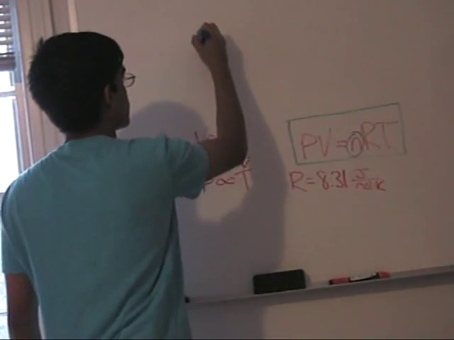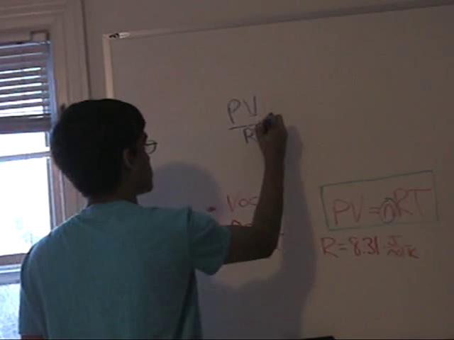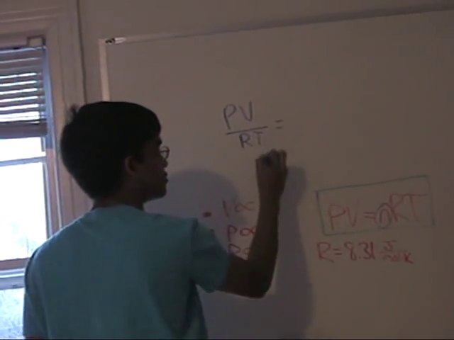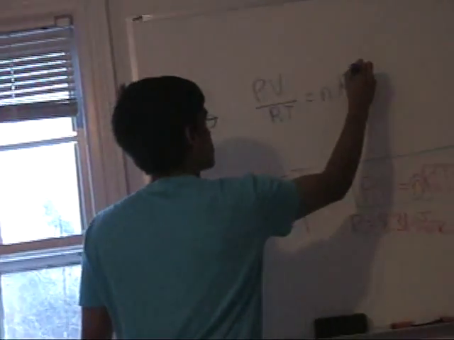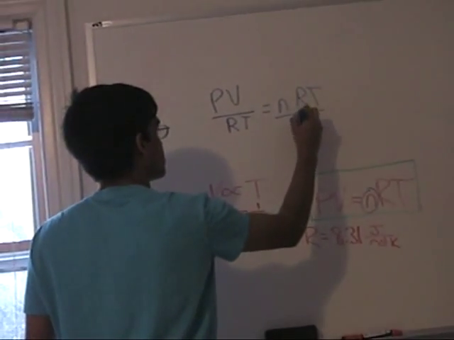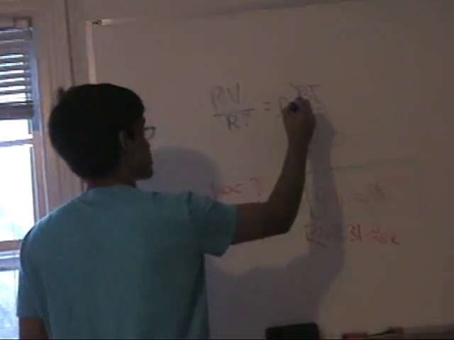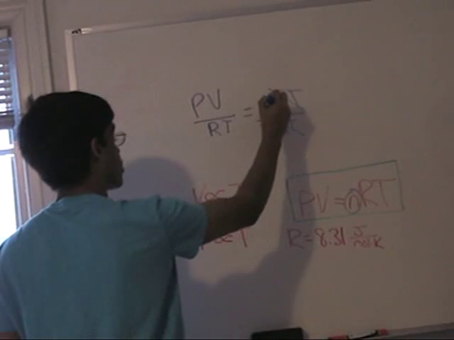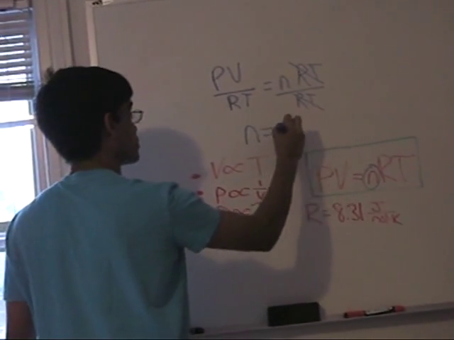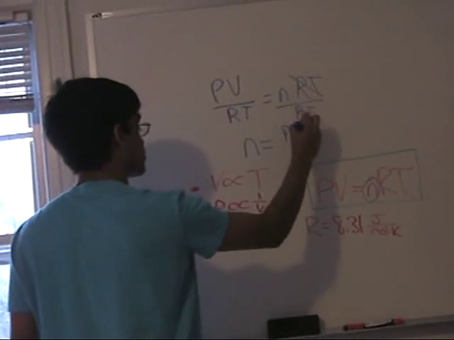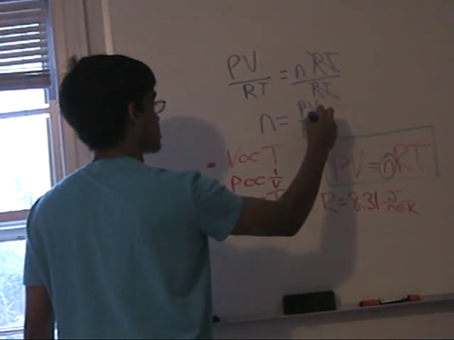So we have PV divided by RT is equal to nRT divided by RT. Since RT cancels on this side, we have n all by itself. So we get the number of moles is equal to the pressure times the volume divided by the constant times the temperature.